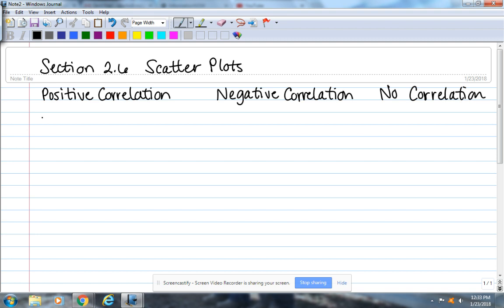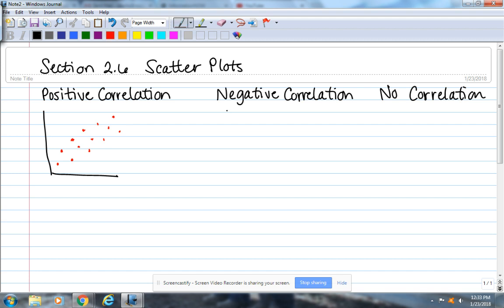So if our data has positive correlation, that means the trend in the data seems to be going in an upwards motion from left to right. Like most of them seem to be increasing. So if I were to fit a line through that data, it would have a positive slope. So that is a positive correlation.